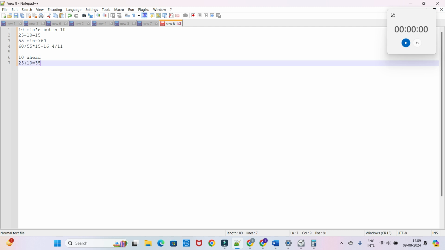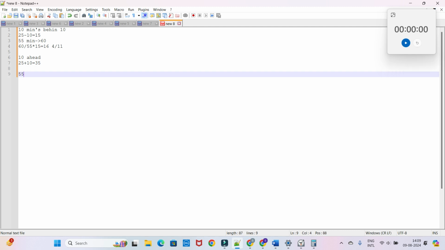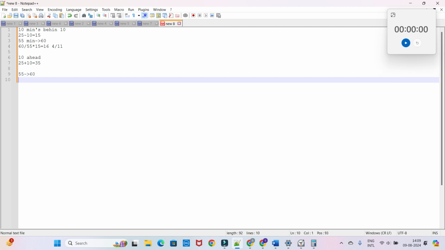Thirty-five minutes ahead. So for 55 minutes, 60 minutes of space are gained. So 60 by 55 into 35, that is equal to 38 2 by 11. So for 10 minutes space, 38 2 by 11 minutes past 5 p.m.